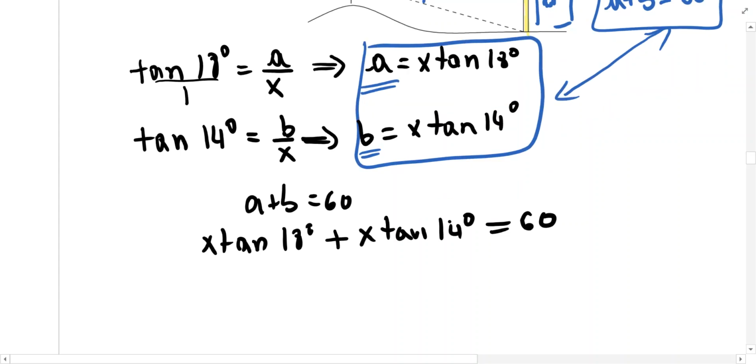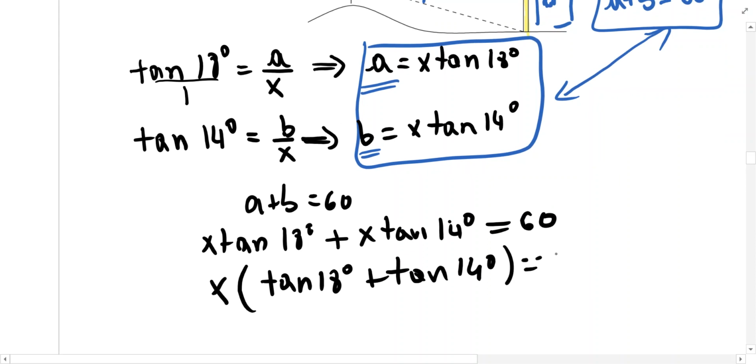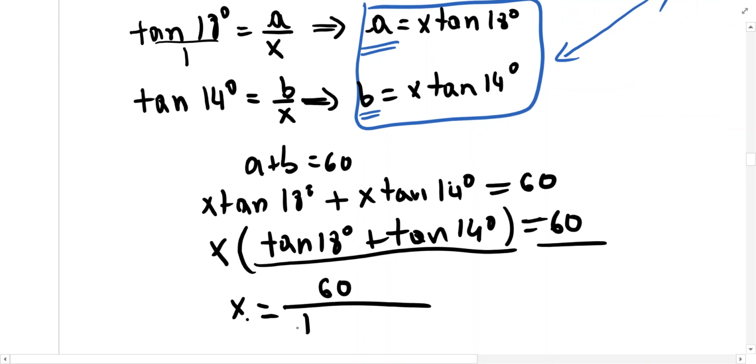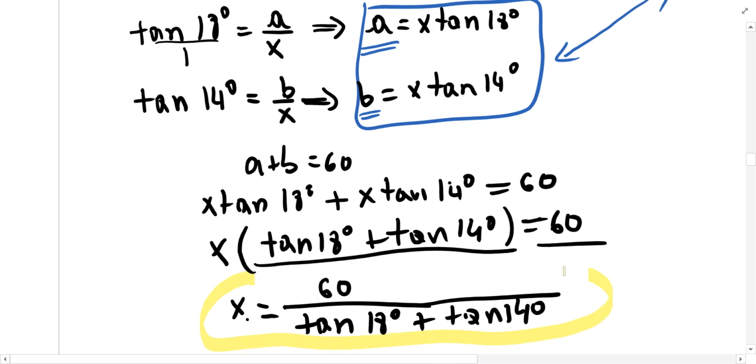You see now that I can factor out an X. So X times (tangent of 18 degrees plus tangent of 14 degrees) equals 60. And we're solving for X, so I'm going to divide both sides by tangent of 18 degrees plus tangent of 14 degrees. So finally, X is going to be equal to 60 over tangent of 18 plus tangent of 14 degrees. So this is the answer.